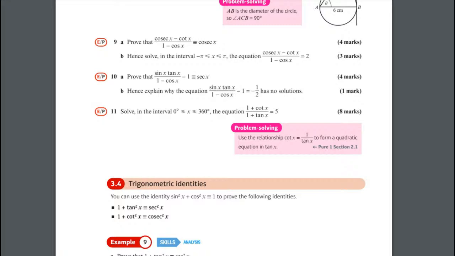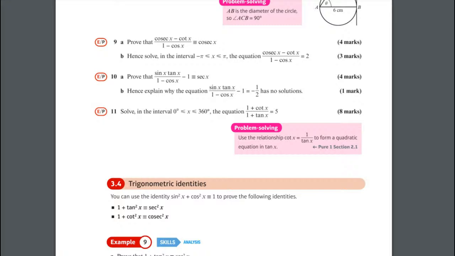This is the first angle and this is the second angle. So 180 minus 45 is 135, and 360 minus 45 is 315.